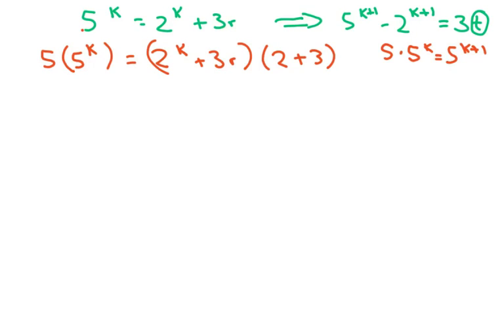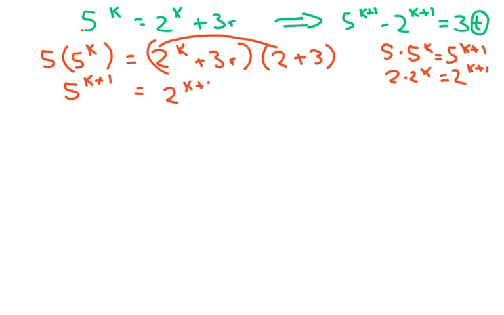Because when I FOIL it, I'm going to get 2 times 2 to the k here, which is going to be 2 to the k plus 1. So we multiply, and we get 5 to the k plus 1. And when you FOIL this out, you're going to get 2 to the k plus 1 plus 3 times 2 to the k. And this is this piece, plus 6r plus 9r.